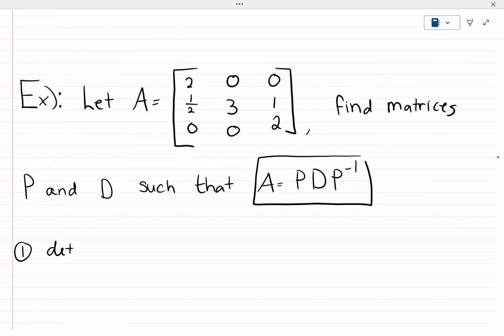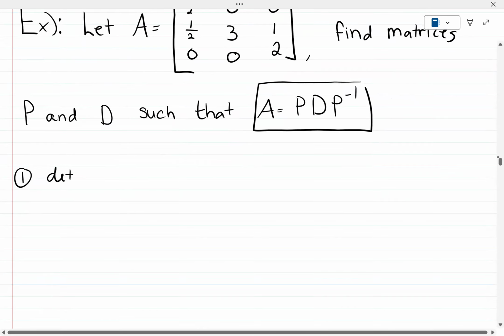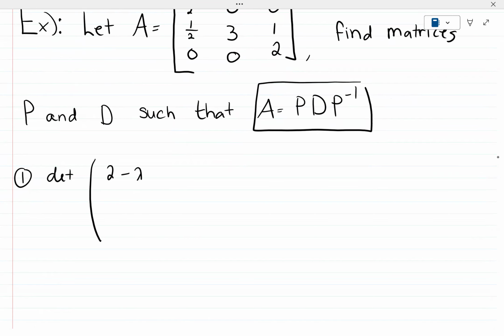So how do you find the determinant of a 3 by 3? You're going to need to use the cofactor rule, right? So you're going to set it up like this. It's going to be 2 minus lambda, 1/2 stays the same, 0, 0, and then 3 minus lambda, 0, 0, 1, and then 2 minus lambda, right?